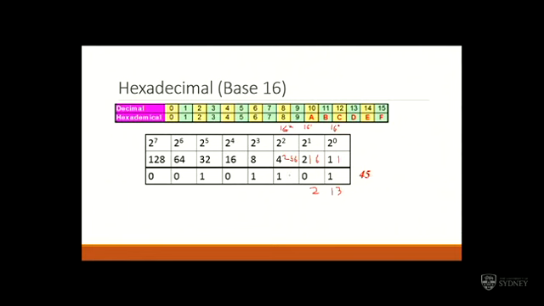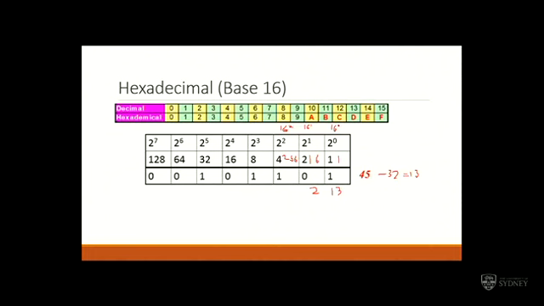So 256 does not fit into 45, but 16 does, and 16 fits twice. So we write down that our 16 fit twice, and then subtract our 2 16s from our decimal number. So we subtract 32, and we get 13.